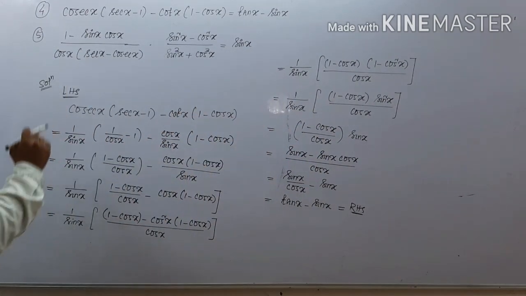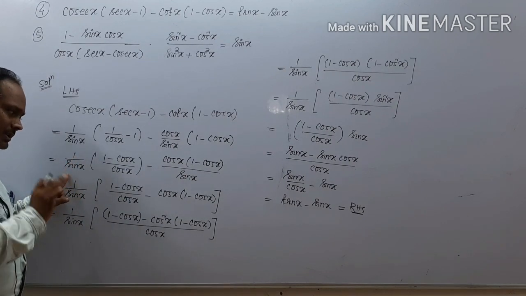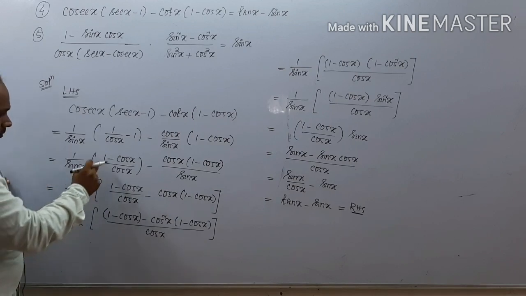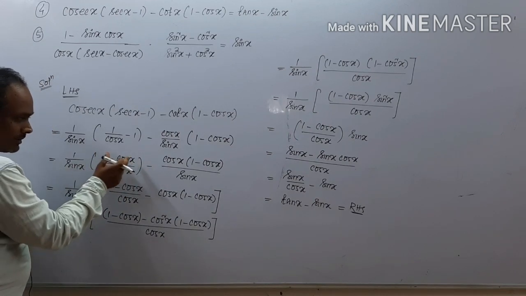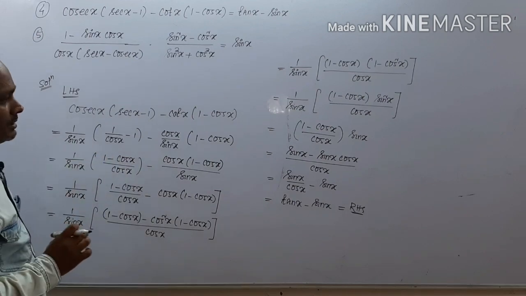Here you can reduce the number of steps. See here, in the third step I have taken only 1 by sin x common. You can take 1 minus cos x divided by sin x directly as common.